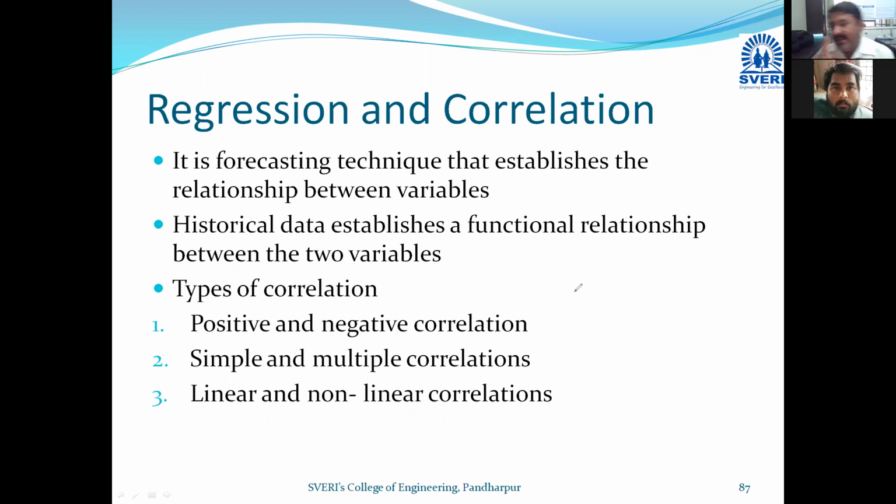So if only one factor is involved, you call it simple correlation, and if many factors are involved in this particular sales correlation, you call it multiple correlation. Then linear and non-linear. Again, I will take the help of a graph. Let it be like this. Let it be like this.